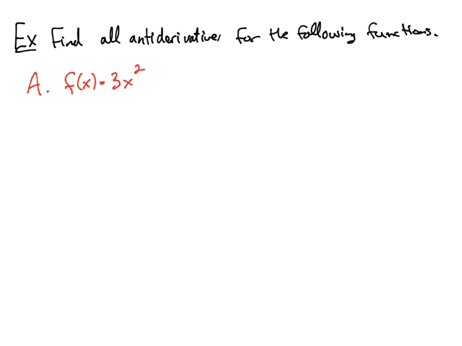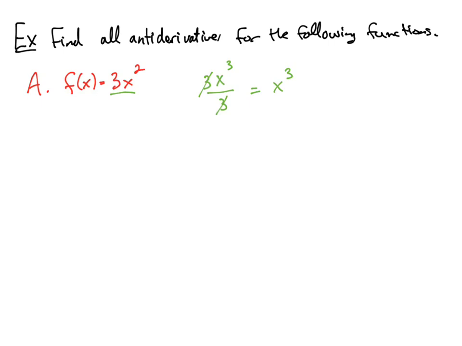So now we're going to go about this in the opposite direction. We raise the exponent by 1, and then whatever that new exponent is, we divide by that exponent. So we get 3x cubed divided by 3, and then we can cancel out the 3's, so we end up with x cubed. So x cubed is what we get when we take the antiderivative of 3x squared.